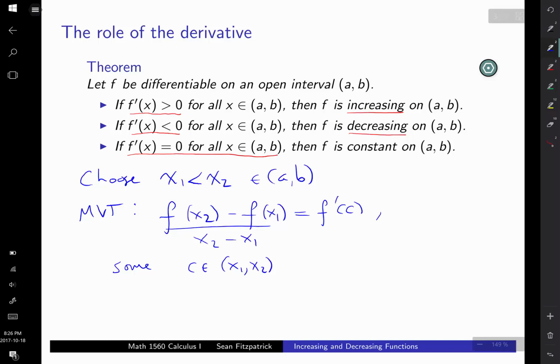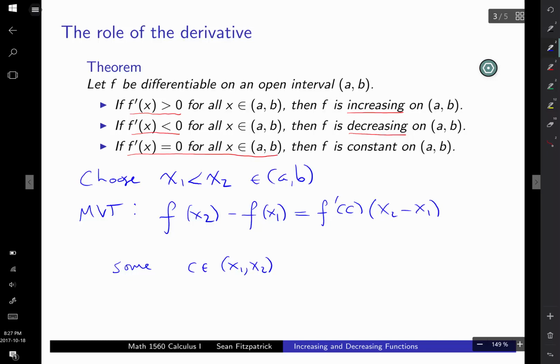Okay, but we could also rewrite this. We could multiply both sides by the denominator that we see on the left. So if we take this denominator and move it up here, then what we get is that f of x2 minus f of x1 equals f prime of c times x2 minus x1.